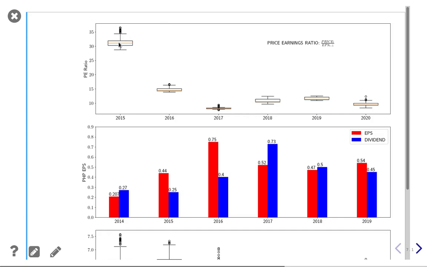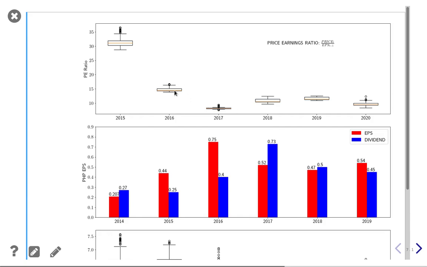You can also see that in 2016 the price to earnings ratio went down from its previous range in 2015, and it continued to go down in 2017 given 2016's earnings. Why is that?